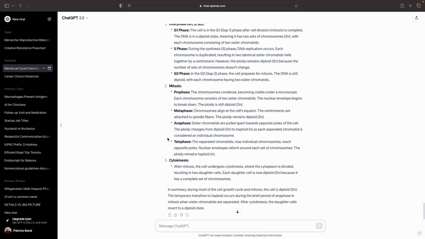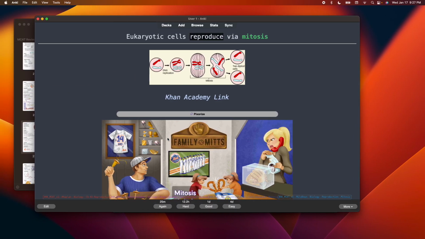And then you have the cytokinesis. After mitosis, the cell undergoes cytokinesis where the cytoplasm is divided, resulting in two daughter cells. Each cell is now diploid because it has a complete set of chromosomes. So regardless of it being one chromatid or two chromatids, each daughter cell is now diploid because it has a complete set of chromosomes, right?